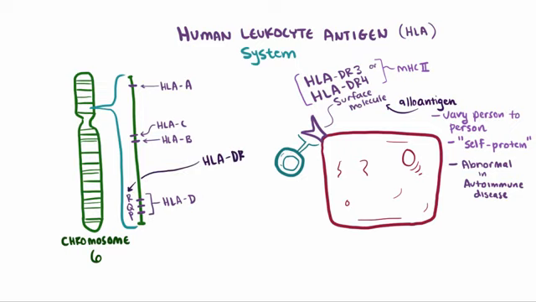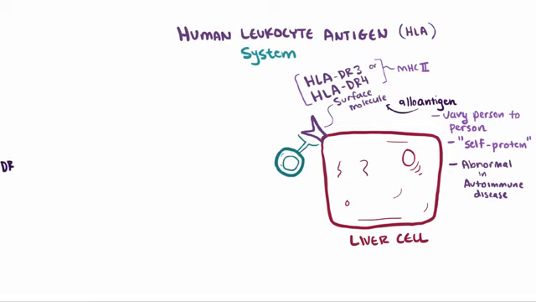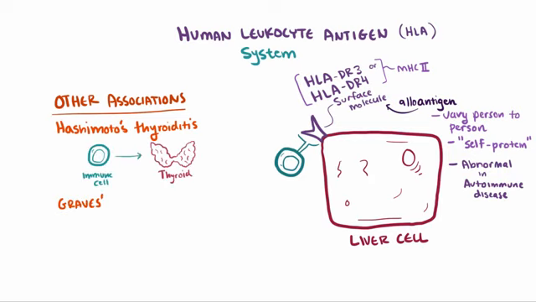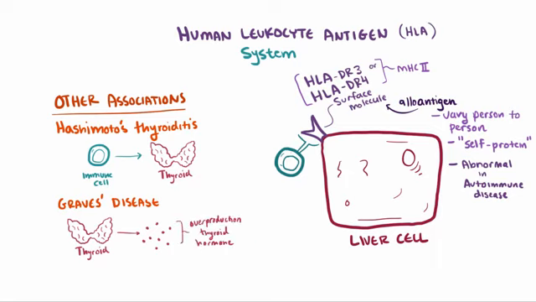So specifically with autoimmune hepatitis, there seems to be some sort of connection between these particular self-proteins, the HLA-DR, and mounting an attack against your own liver. Autoimmune hepatitis also tends to be associated with other diseases like Hashimoto's thyroiditis, where your immune cells attack your thyroid, and Graves' disease, where your thyroid overproduces thyroid hormones.